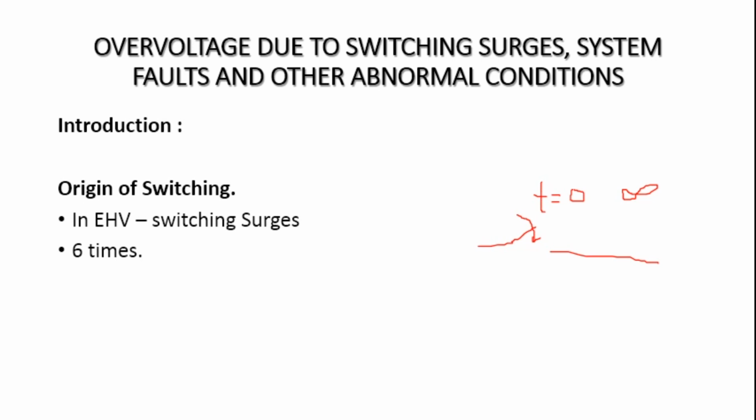Because of the large value of inductance and capacitance associated with it, sometimes these overvoltages may be as high as 6 times the power frequency voltage. In the case of circuit breaking operation, switching surges with a high rate of rise of voltage cause repeated restriking of the arc between the contacts of the circuit breakers, which causes destruction of the circuit breaker contacts.